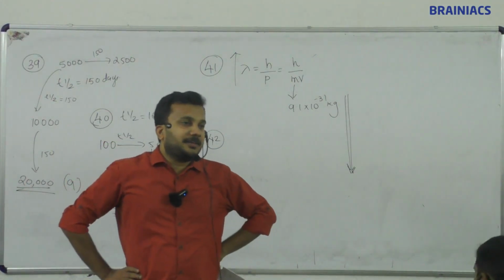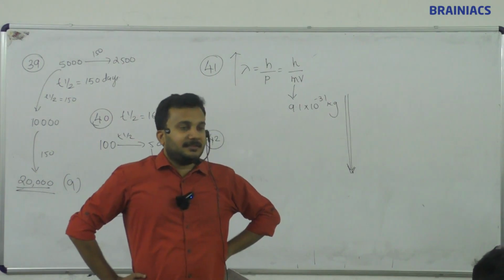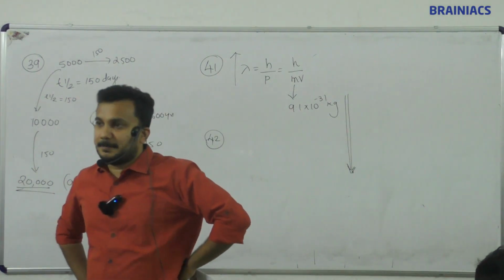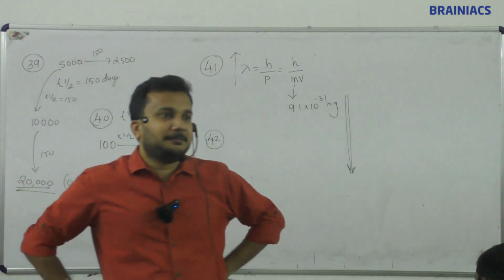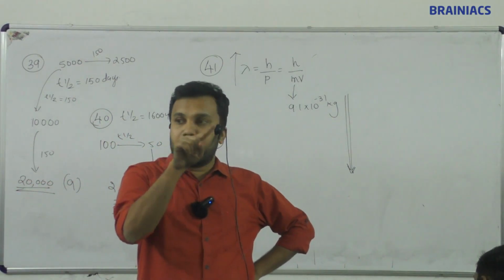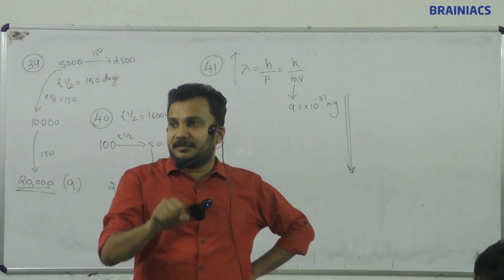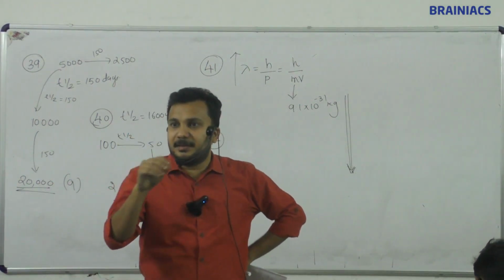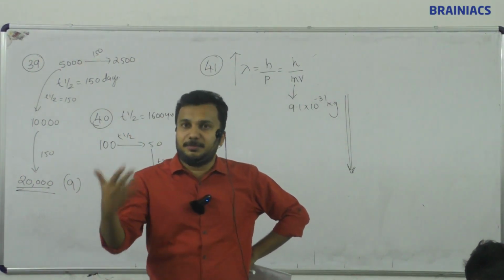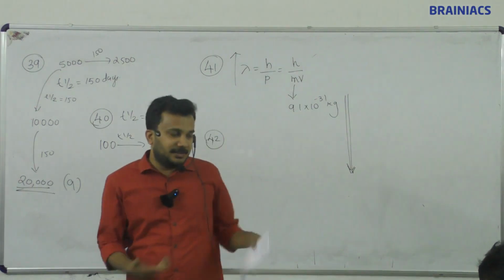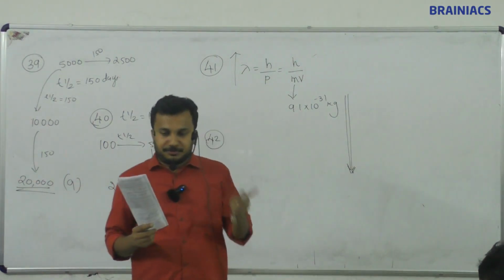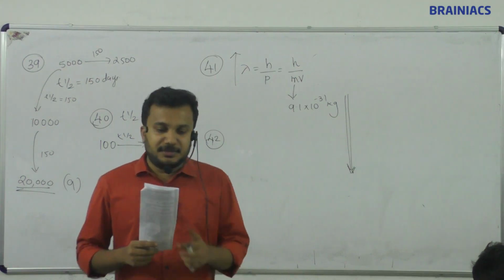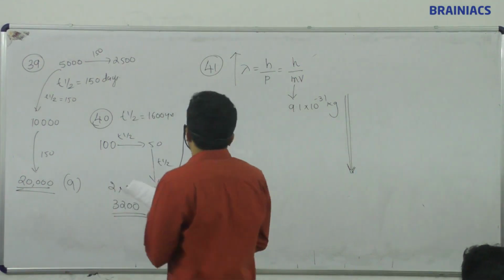Suppose iron is not given, then the next most stable is which one? How to find out? Neutron by proton ratio equal to 1 is the most stable element, right? We told N by P 1 is most stable, so N by P you have to find out. In this case iron is the most stable, we know from the binding energy plot itself. So 42 answer A.